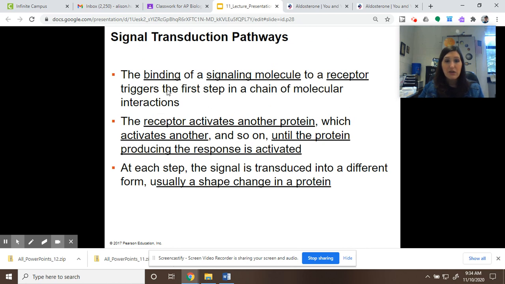The binding of a single signaling molecule to a receptor triggers the first step in the chain of reactions. The receptor activates another protein, which activates another, and so on, until the response is activated. At each step, the signal is transduced into a different form, usually a shape change in a protein.